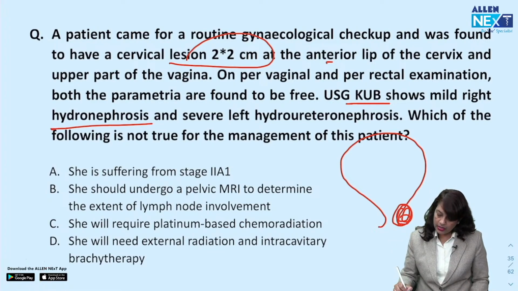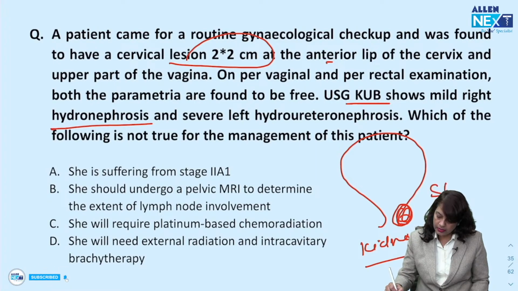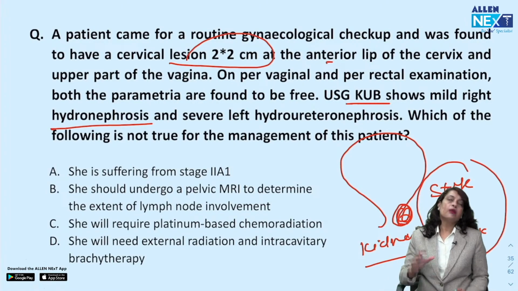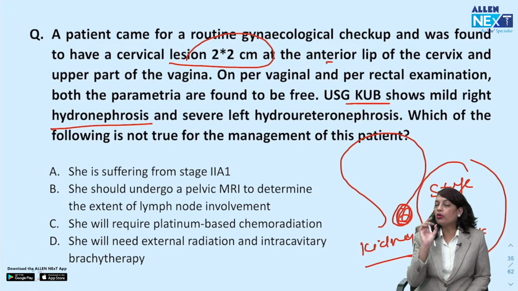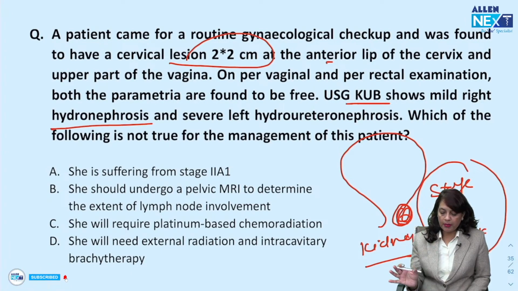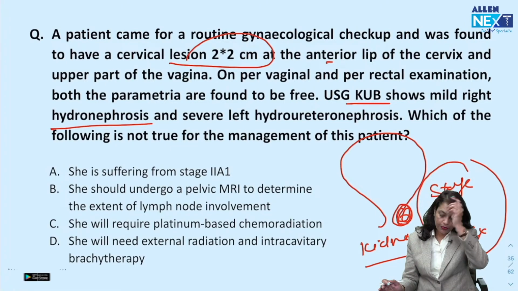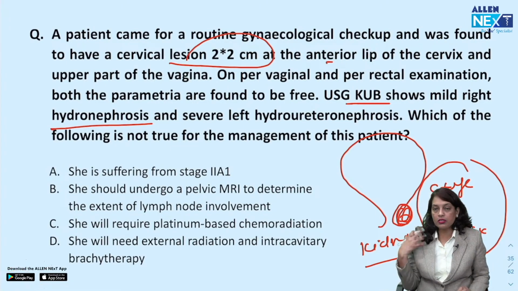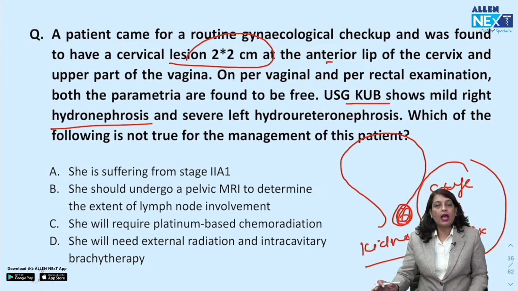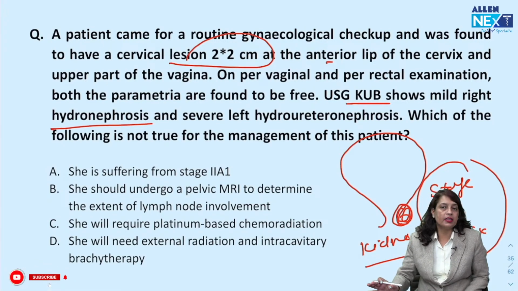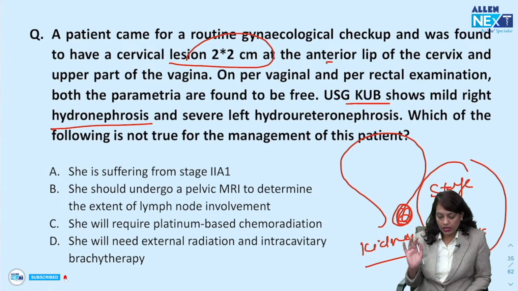Friends, when there is hydronephrosis, kidney involvement, it is already stage 3B cancer cervix. The rectal examination shows the parametrium is free, but KUB shows hydronephrosis, so kidney involvement is there. Kidney involvement is always stage 3.